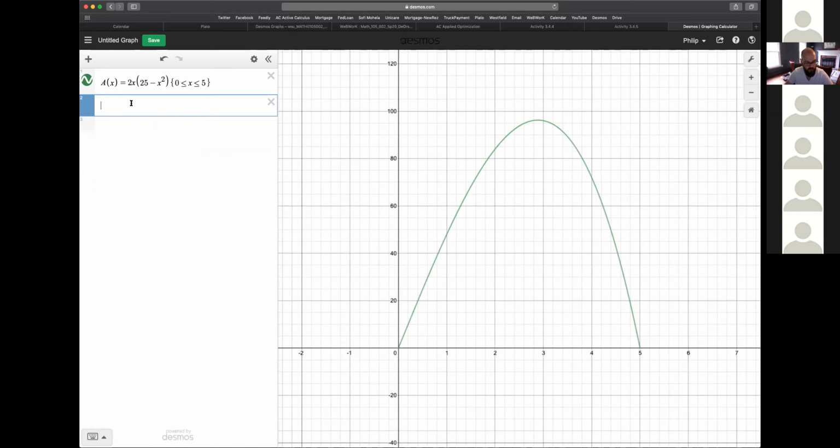So what we should find is that at the point x equals square root of 50 over 6, we should get that maximum value. That's what occurred.